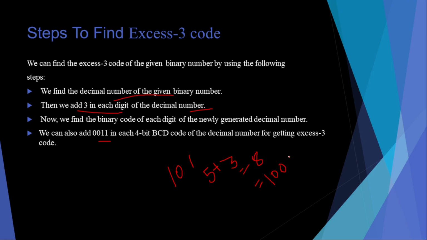So this is the XS3 code for this binary number 101. And there is one more shortcut to find the XS3 code. You can directly add 0011 to this binary number to find the XS3 code.